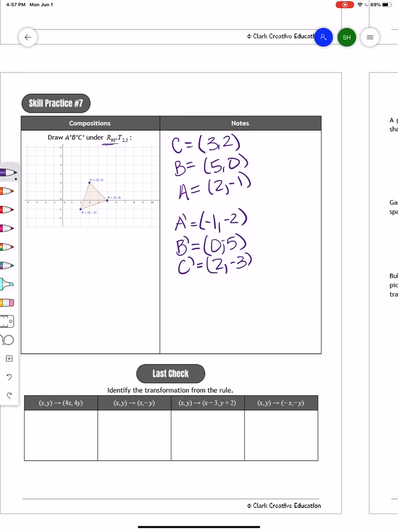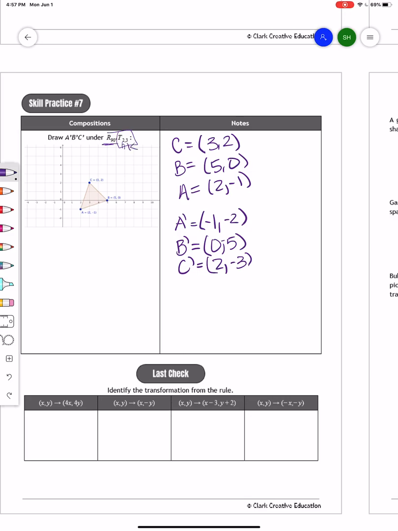Now we are going to translate, or slide, our numbers 2 by 3. So when you're translating and it is written like this, this is your h and that is your k.